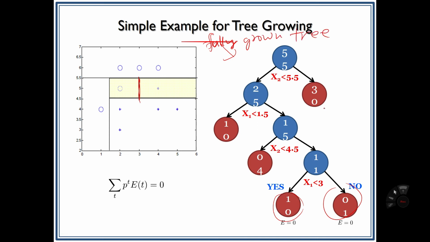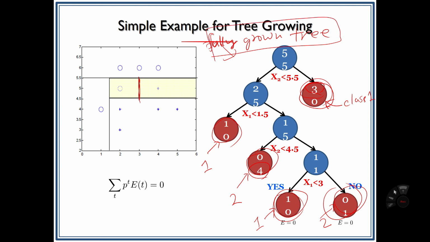And because in this leaf node there are only class 1 objects, the class label of this leaf node is class 1. And how about this? This is also class 1. This one is class 2, right? Because there are only class 2 objects. And this one is class 1, and this one is class 2. So each of the leaf nodes has its own class label. That is a fully grown tree.